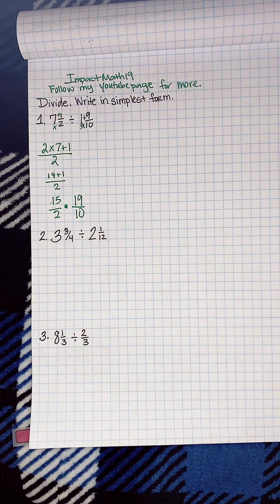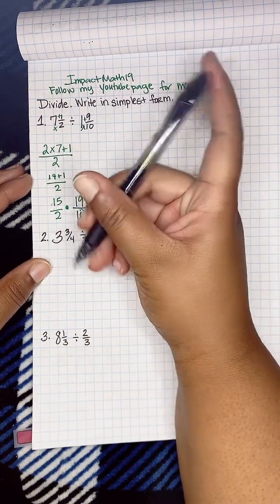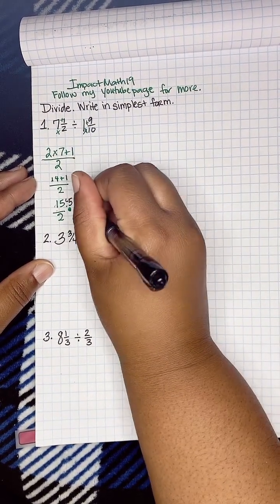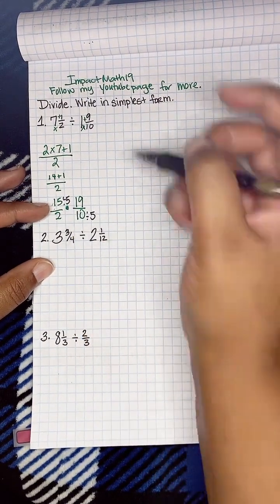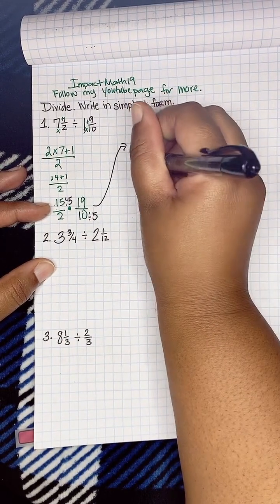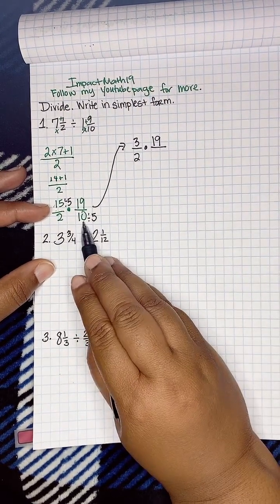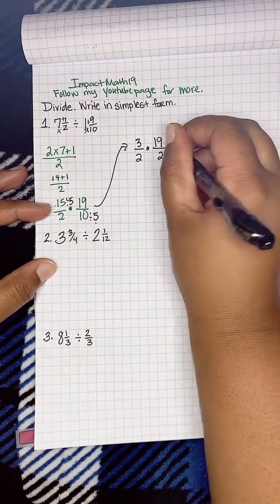Yes, the 15 and the 10. So we can divide out by 5 here, and we can divide here by 5. So 15 divided by 5 gives us a 3 over 2 times 19 over 10 divided by 5 gets us 2.